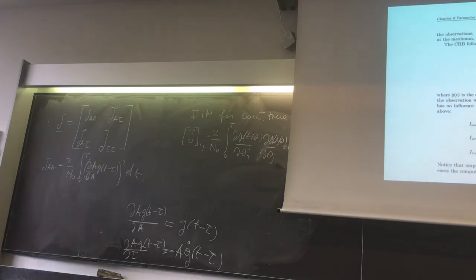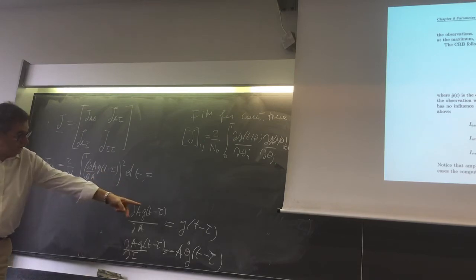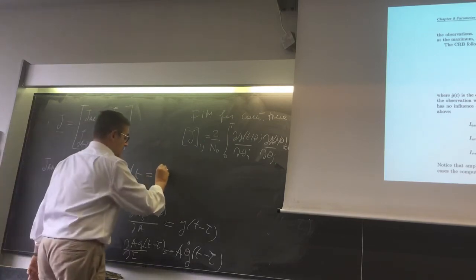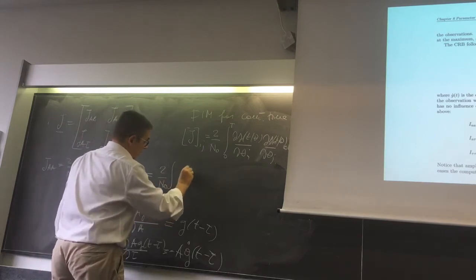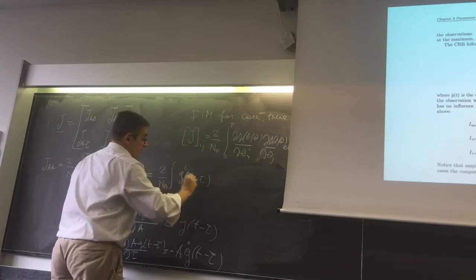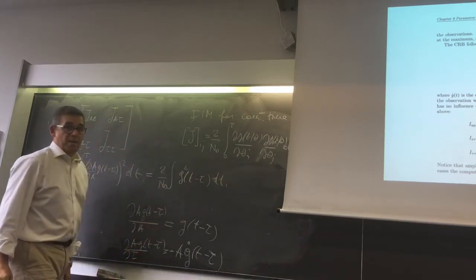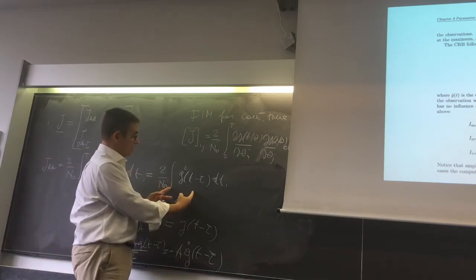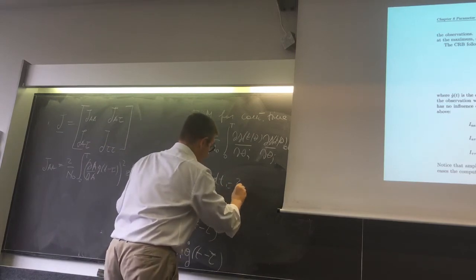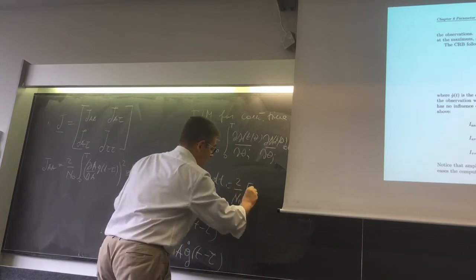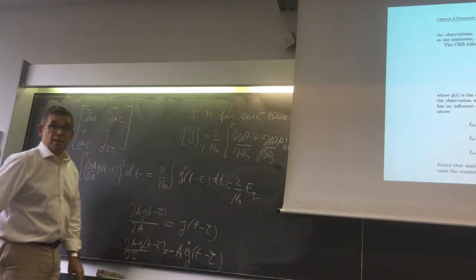Continuing with J_AA, it is 2 over N0, integral of g(t minus tau) squared dt, which is the energy. So it is 2 over N0 multiplied by the energy of g.